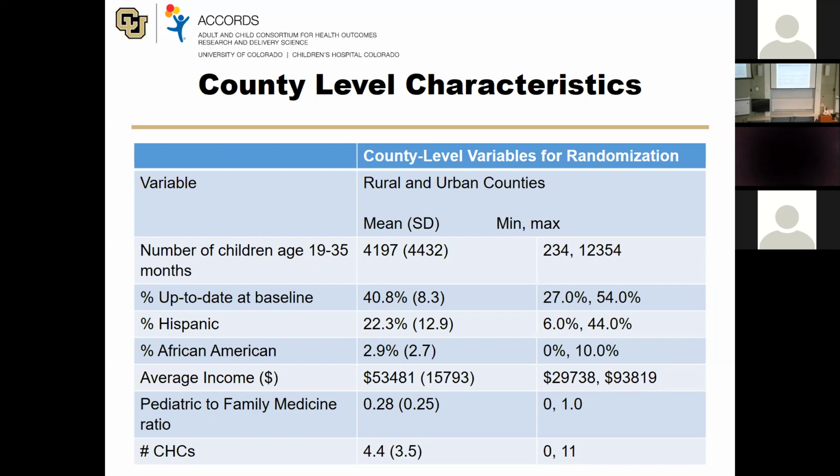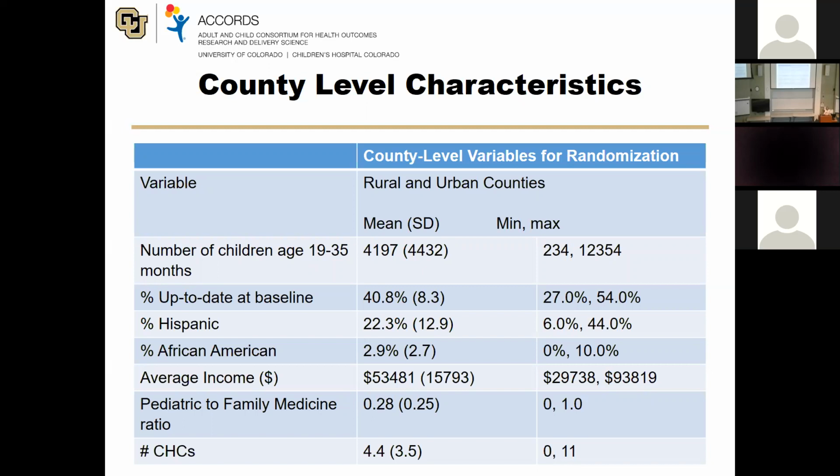There are racial and ethnic differences, which may or may not affect outcomes, but they certainly can. And certainly average income, quite a bit of difference there. The practice type constellations were really very different across the counties, as well as the number of CHCs, community health centers.